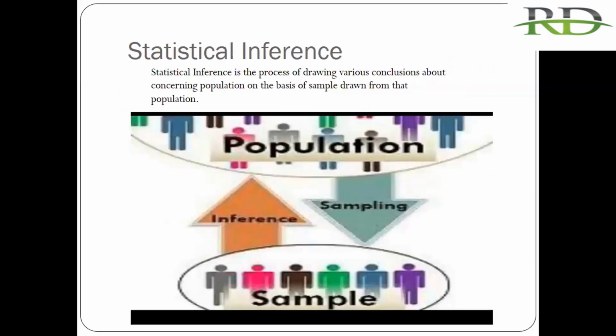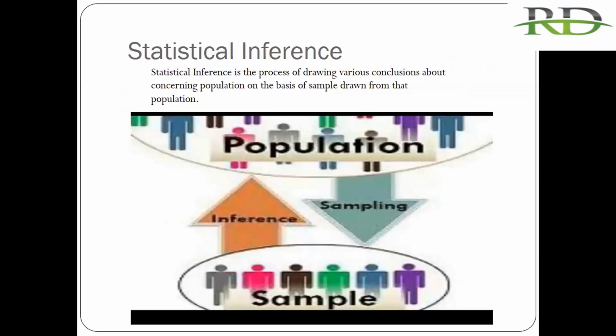Now this is a brief diagram of how statistical inference is done. We have a population, like the whole population of Delhi girls, and we have to choose the sampling. We want to draw an inference about the average height of adolescent girls in Delhi.